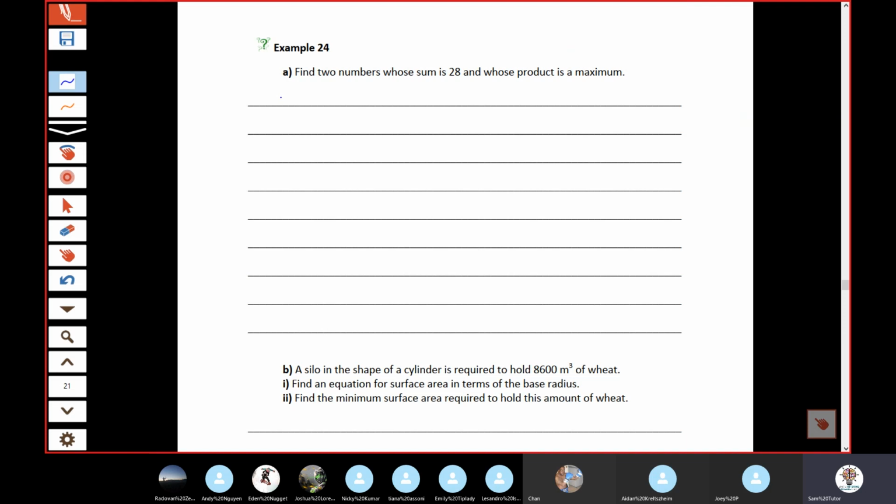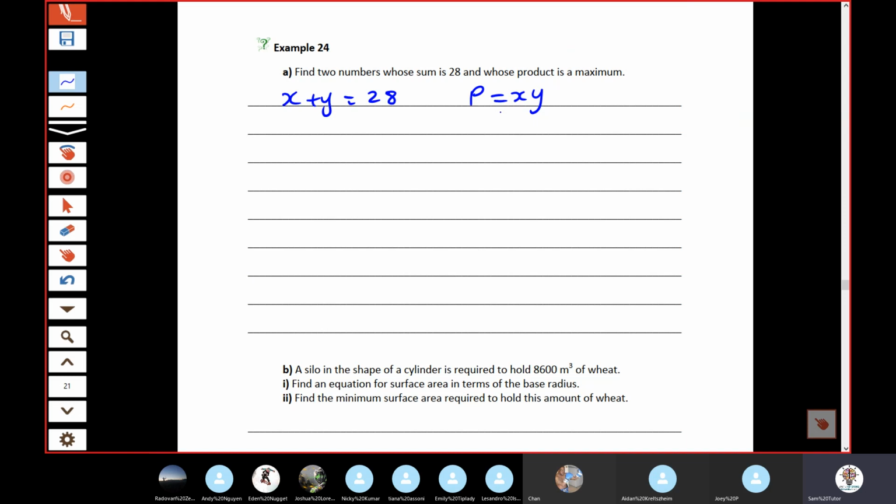So x plus y equals 28, and you want the product to be a maximum, so you want to find P, the product, which is equal to x times y. There you go. I've got my two equations. Isn't that just another way of saying area and perimeter again? The perimeter is 28 and area is max.